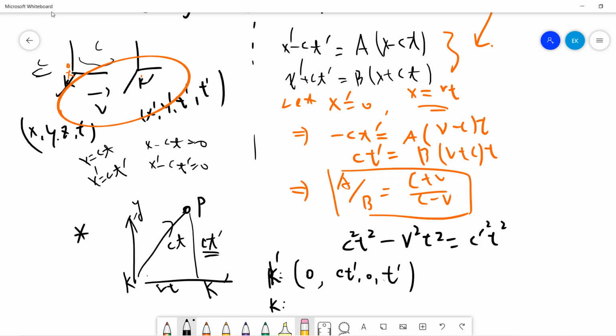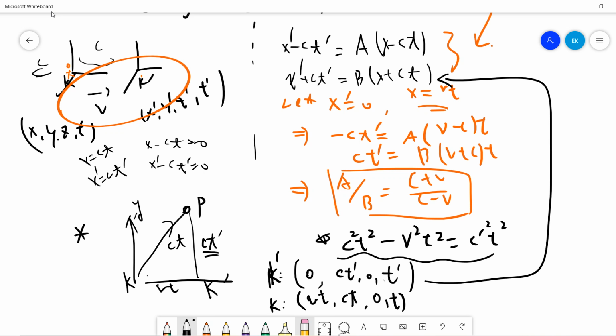In the K frame, the coordinates are vt and ct. This is also basically because the speed of light is universal. If you write the distance, you get this one. So we just put these coordinates in.